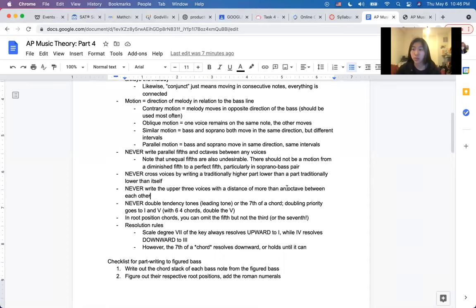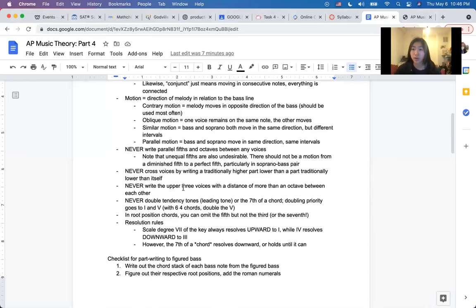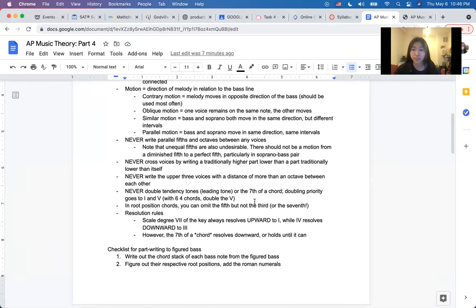So for instance, you don't want an interval of a tenth between the alto and the soprano. However, notice how the bass is not included. You can have the bass as far away as is convenient from the tenor if that's how you're writing it.